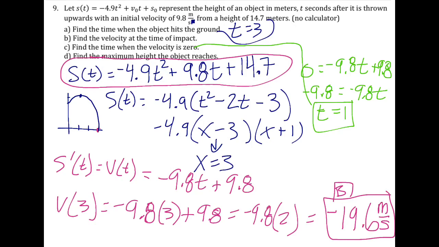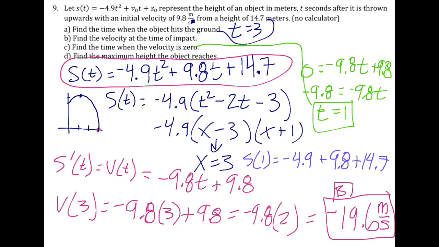And now I need to find the height. So I'm going to find s of 1, which is going to be negative 4.9 times 1 squared, which is 1, plus 9.8 times 1, plus 14.7. So add it all together.